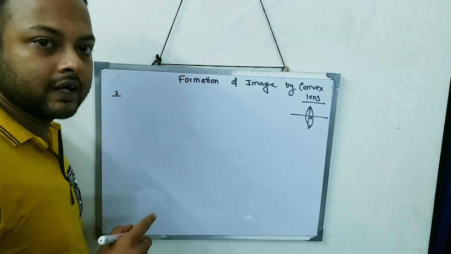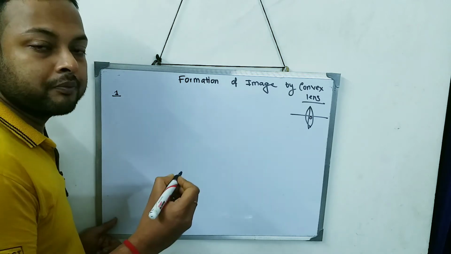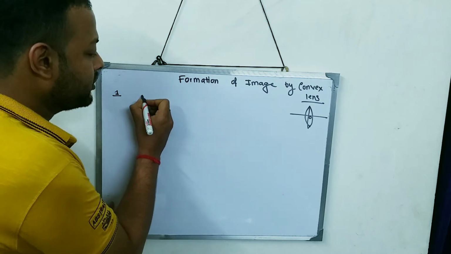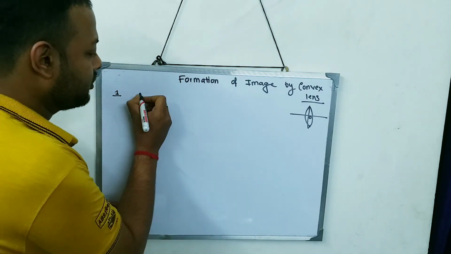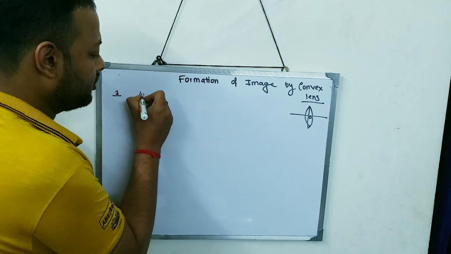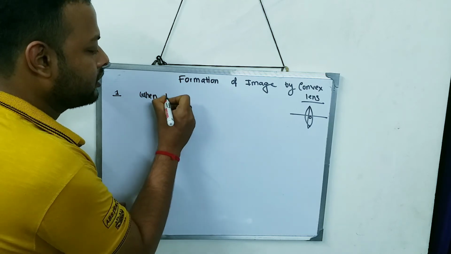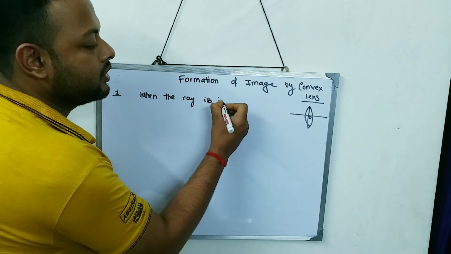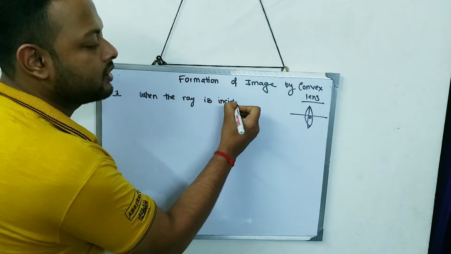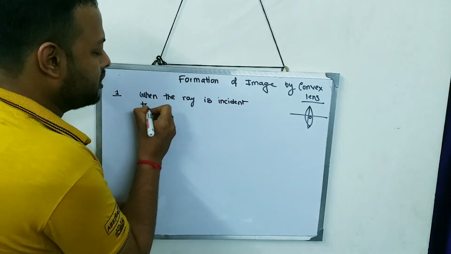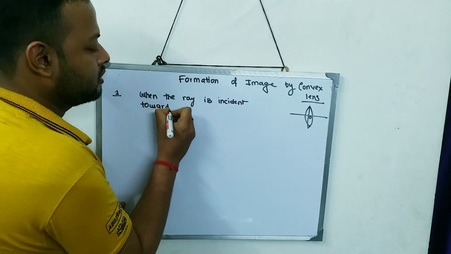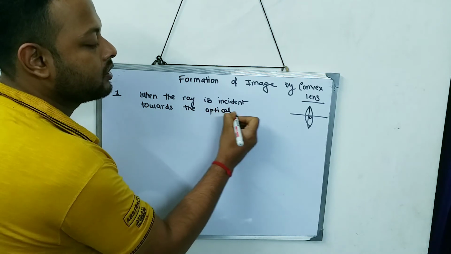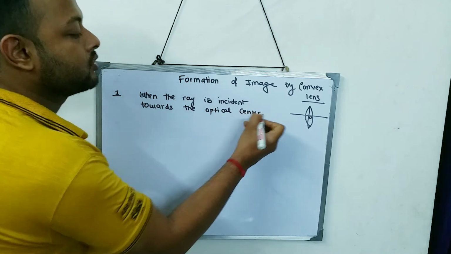The first rule is that if the incident ray is towards the optical center, this is the first rule.